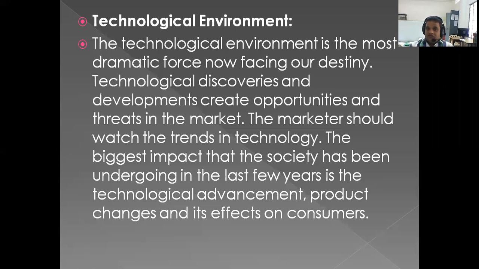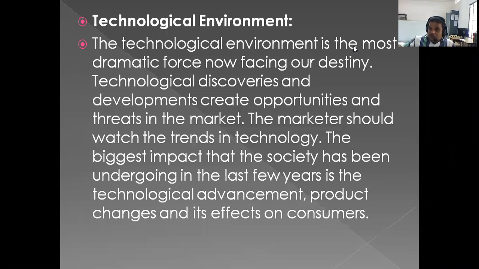Technology now is having more impact on the industry. Without technology, you cannot do anything. E-commerce has come into the picture. Technological advancements have become very rapid in this present era.